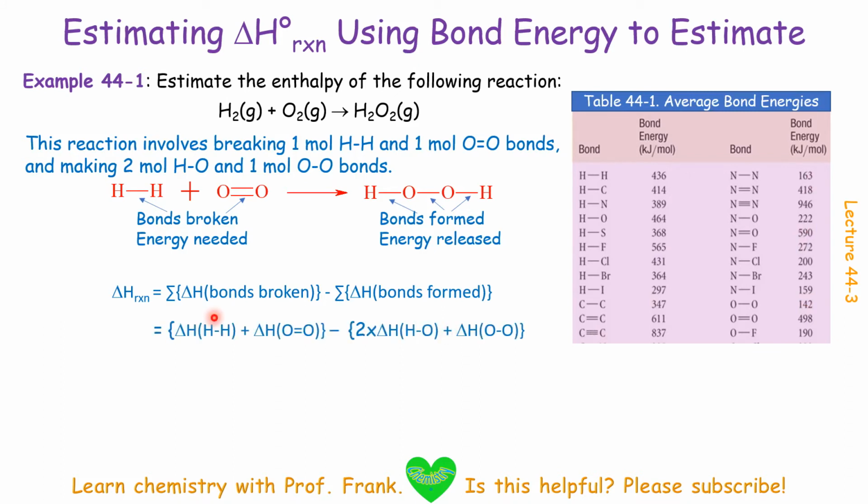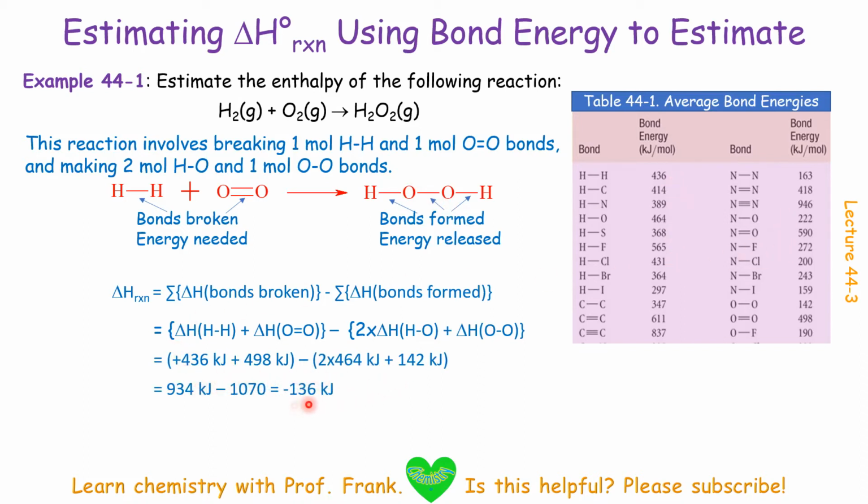The sum of bonds broken, or reactants, 1 mole of H-H single bond and 1 mole of O=O double bond, then subtracted by 2 moles of H-O single bond and 1 mole of O-O single bond. The next step, we just plug in those values.